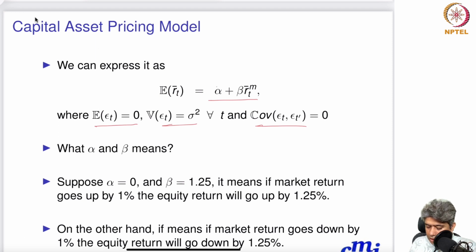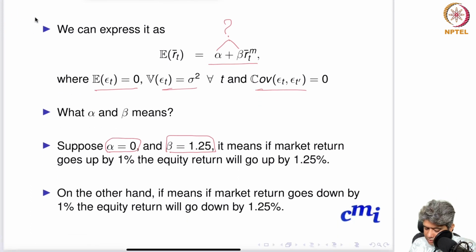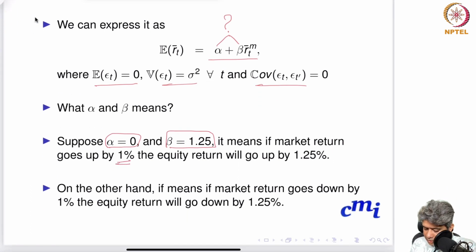Now what do alpha and beta mean in this case? Suppose alpha is 0 and beta is 1.25. It means if market return goes up by 1%, the equity return will go up by 1.25%. On the other hand, if market return goes down by 1%, equity return will go down by 1.25%.